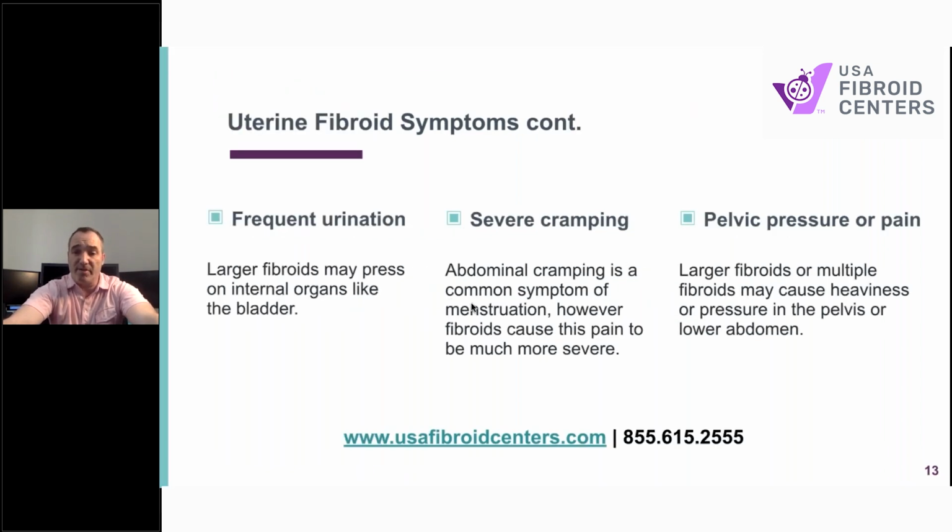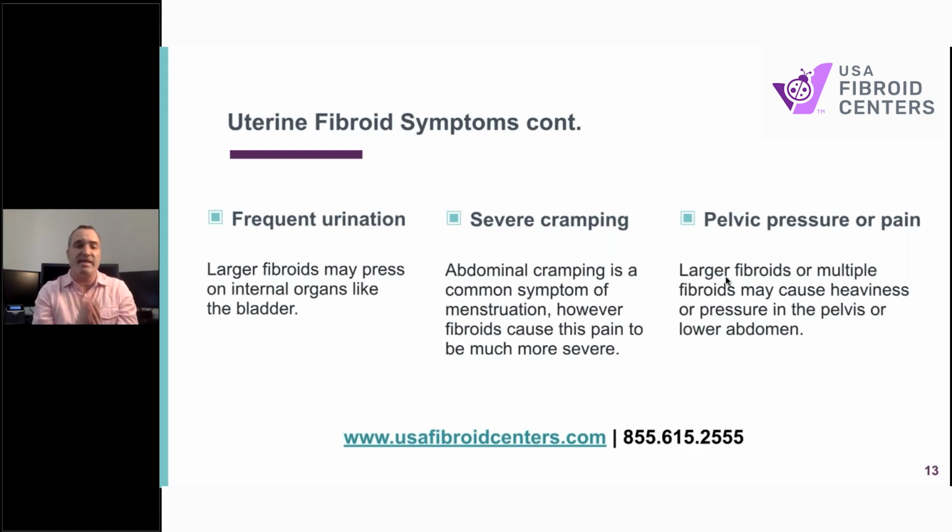Other symptoms that we see frequently are frequent urination. As I showed earlier on the MRI, a fibroid that sits in front of the uterus will push on the bladder. It can cause severe cramping, and that's another common symptom, as well as pelvic pressure or pain. Again, that's what we refer to as the bulk symptoms.